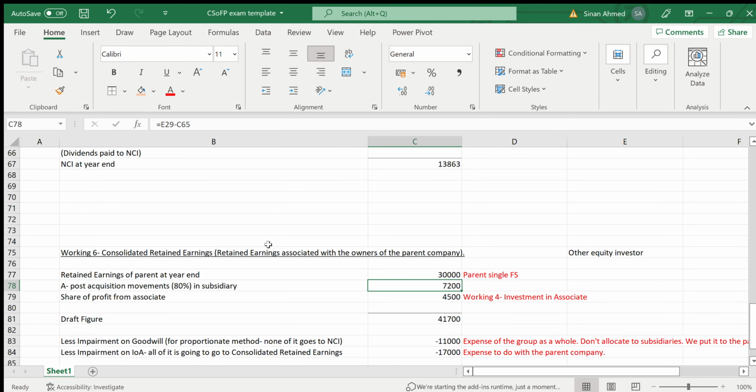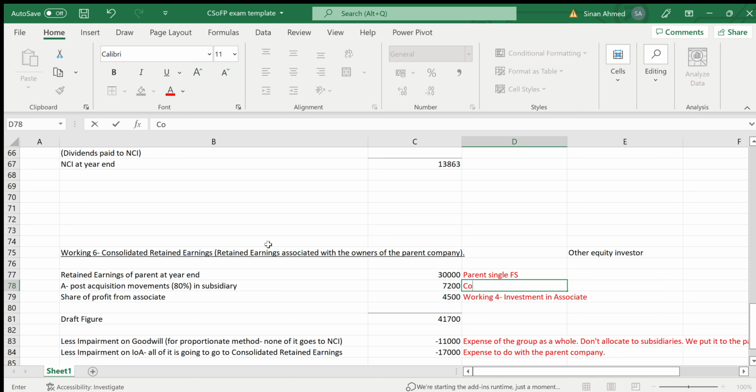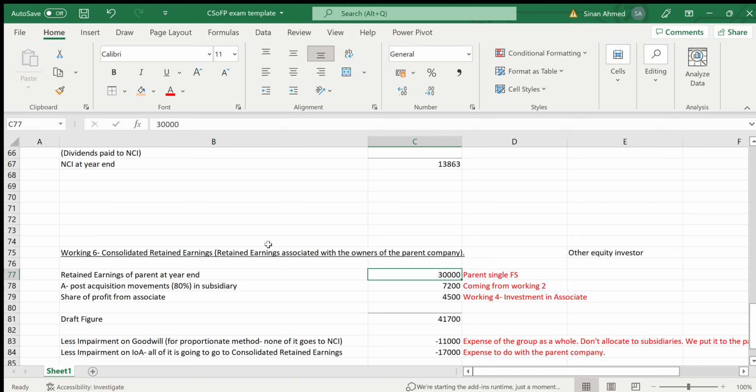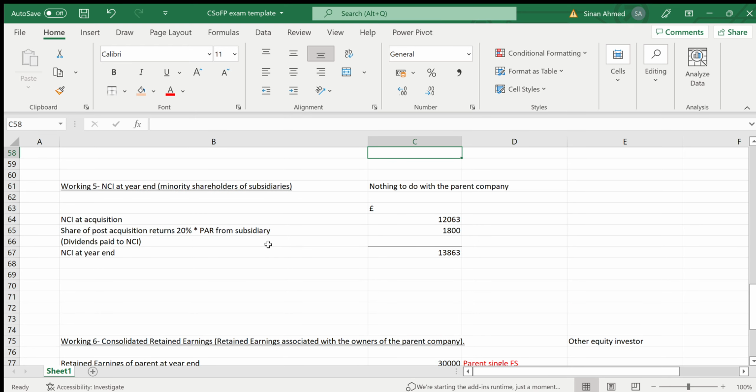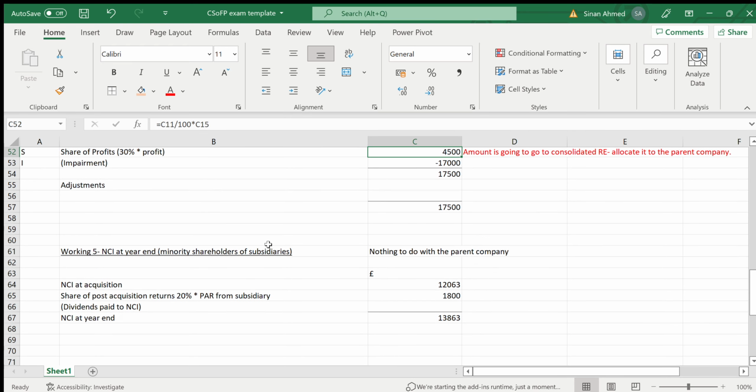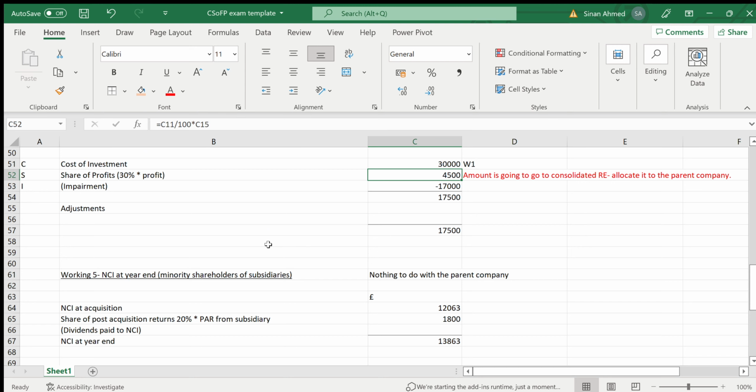Okay, so we've got a post-acquisition movement. Next we have is the share of profit from associate. So this comes from our working in the associate, and that's coming from this 4,500.